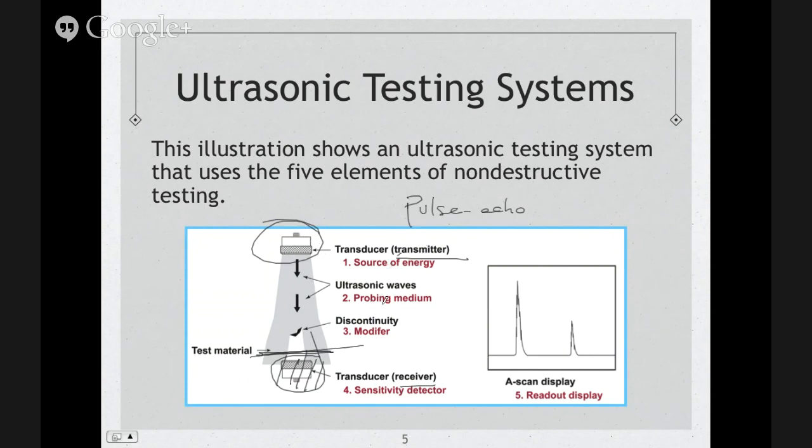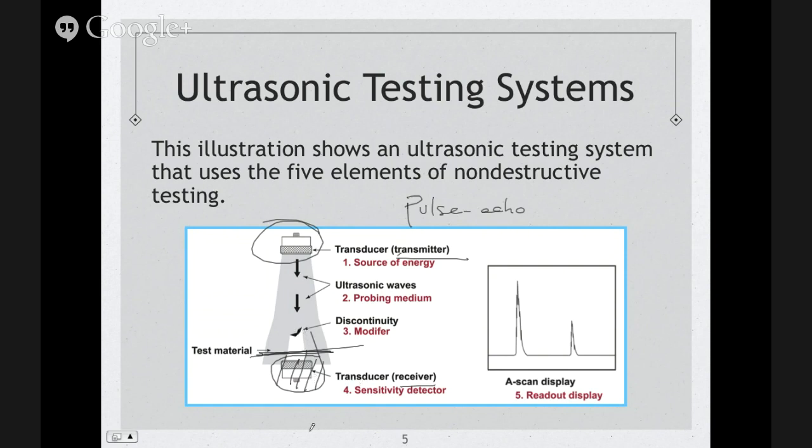So then we also have the probing medium, which is going to be our waves. Those are the ones that are going to be traveling through our material to do our inspection. And then you have the modifier being the discontinuity, or the reflector in your material.